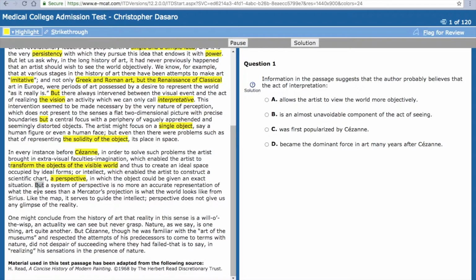But, here's another shift: a system of perspective is no more an accurate representation of what the eyes see than a Mercator's projection is what the world looks like from Sirius.